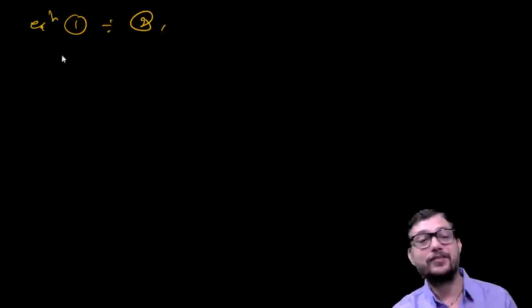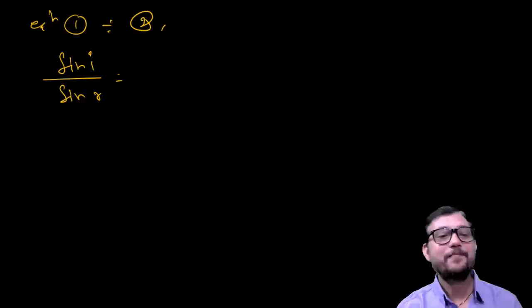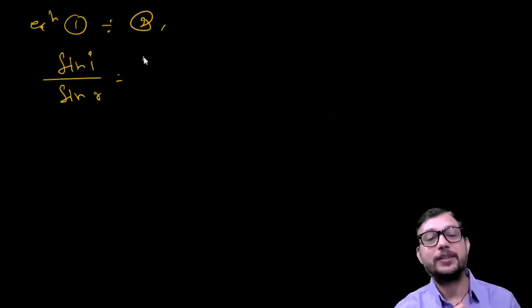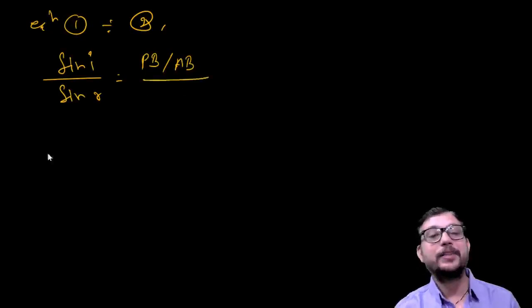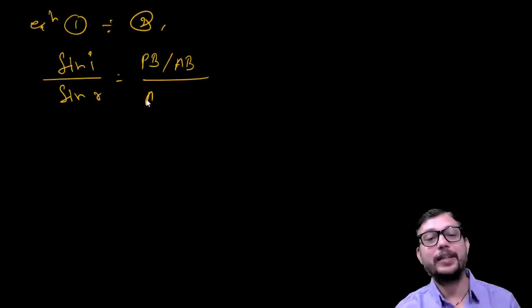Then what will we get? We get sine I upon sine R. Sine I is PB upon AB, and that will be divided by sine R. Sine R is AQ upon AB.